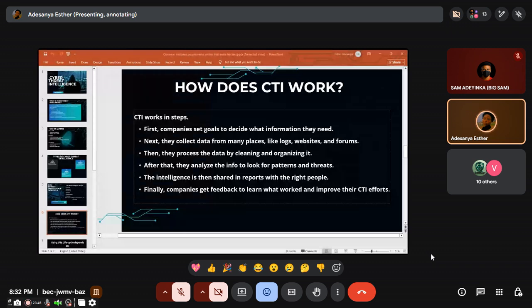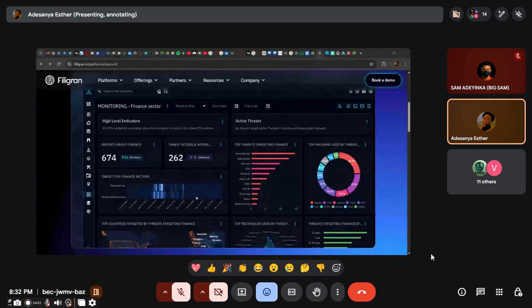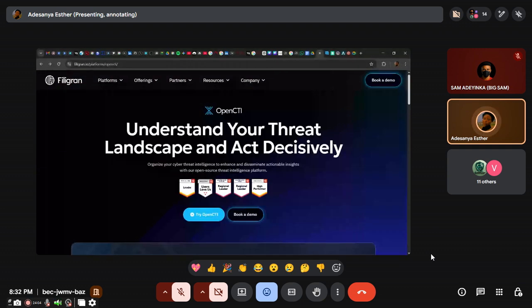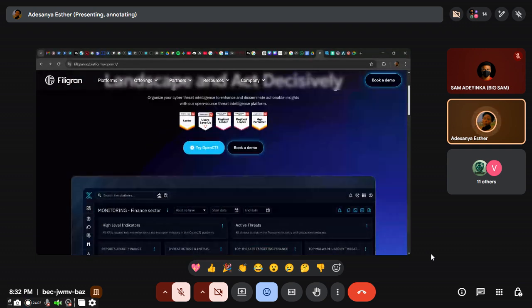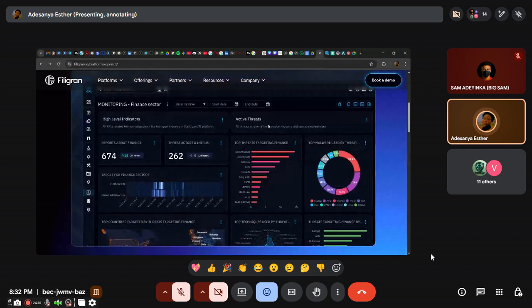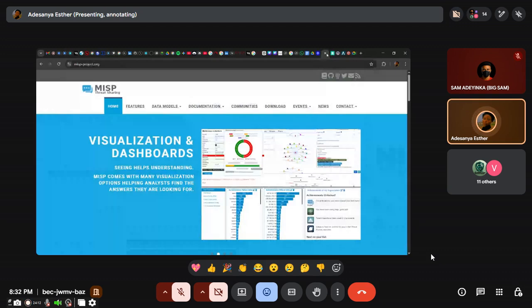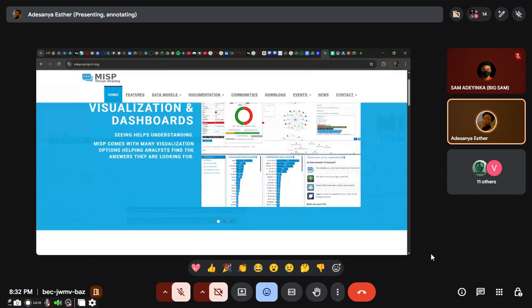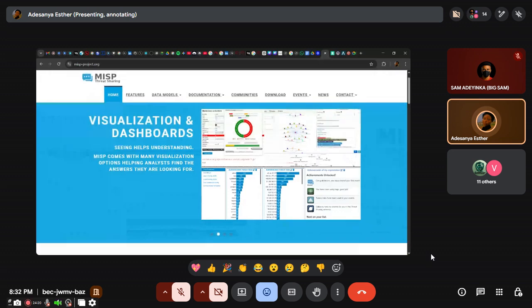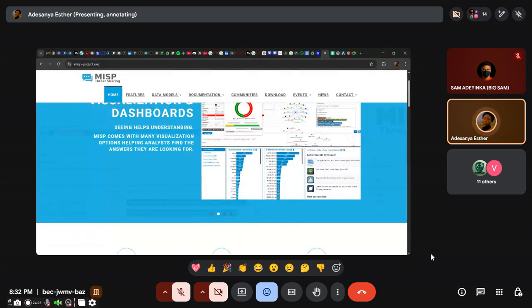OpenCTI is a platform CTI analysts use a lot. Okay, so this is the interface. I can't really log in because of what my email looks like, but they use something like this, and MISP too. They use this to analyze. It really helps with timing and everything.